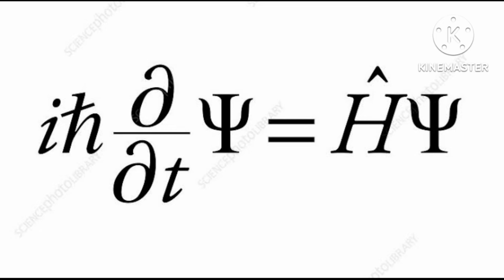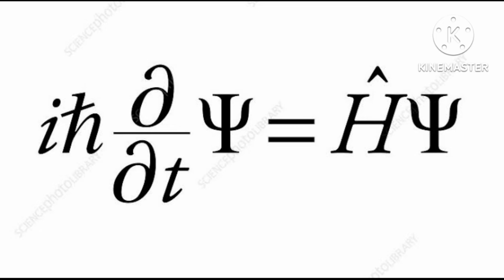Hamiltonian gave a recipe for constructing this operator from the expression for the total energy of the system. Total energy of the system.